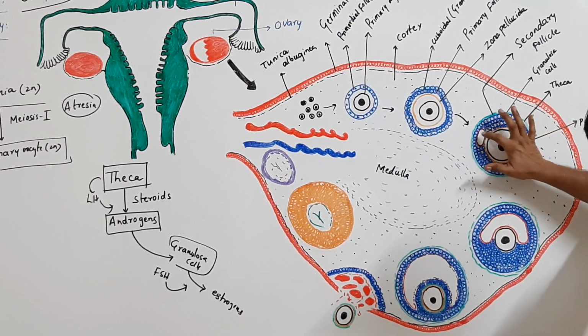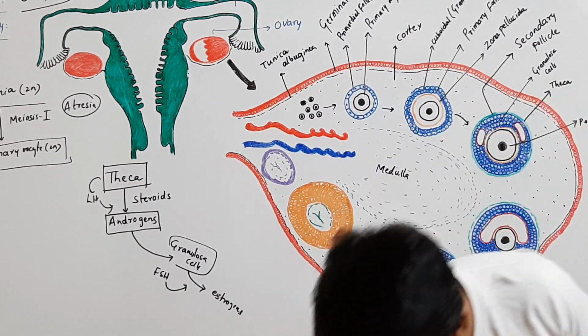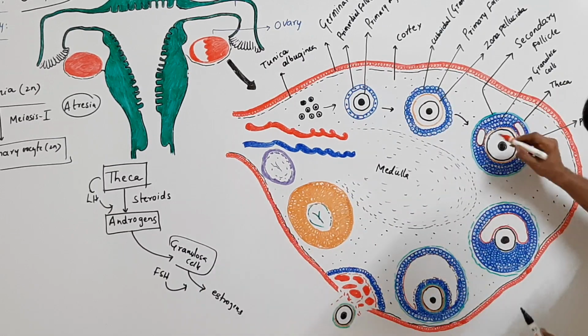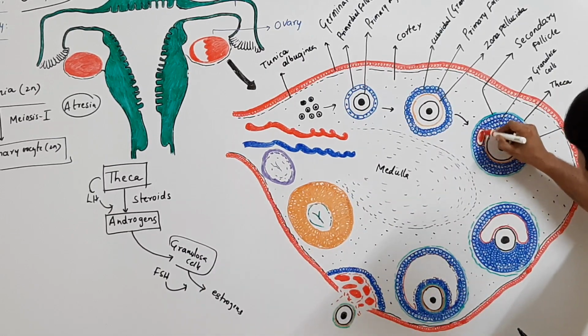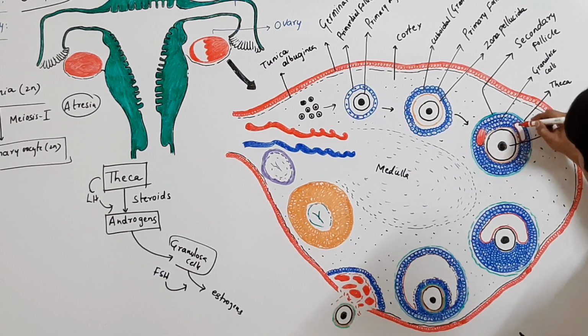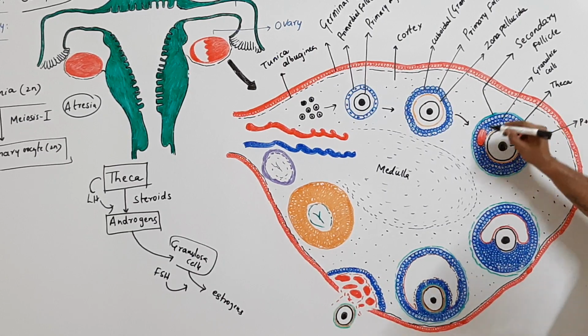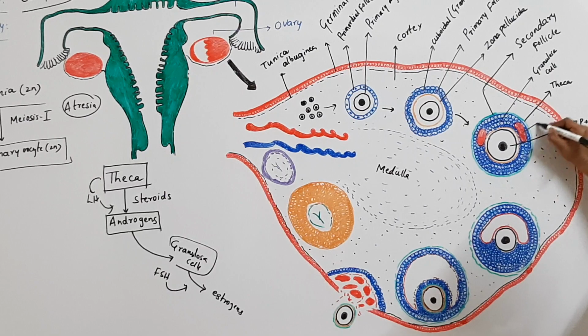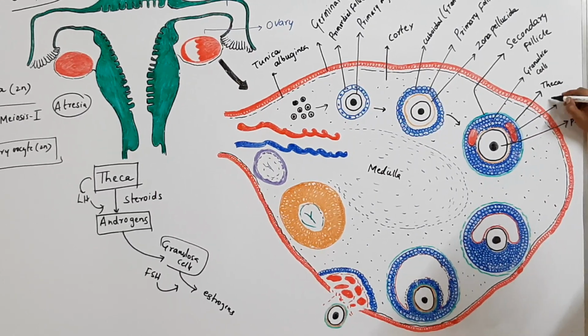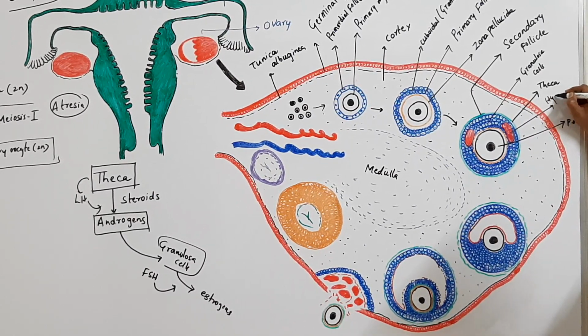All the granulosa cells that are present keep moving to a site and develop pockets inside. These pockets developed within the follicle will secrete hyaluronic acid.